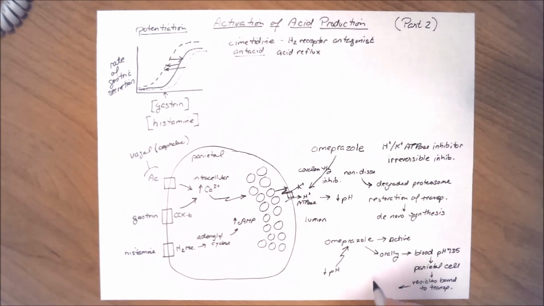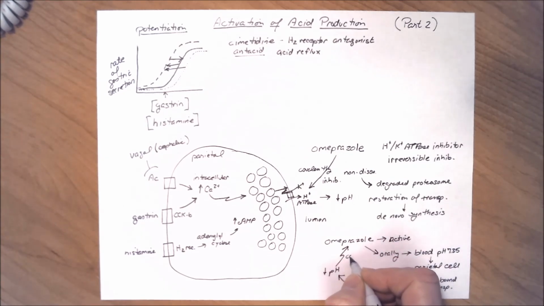Once the vesicles fuse with the plasma membrane at the luminal surface, they are exposed to the low pH, because the low pH has already begun in there, and the drug changes its chemical nature to form a covalent link with the proton potassium transporter.